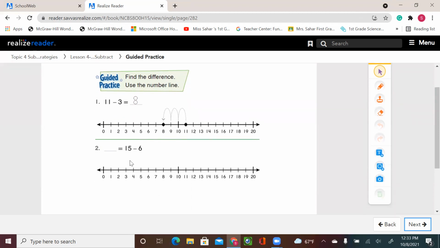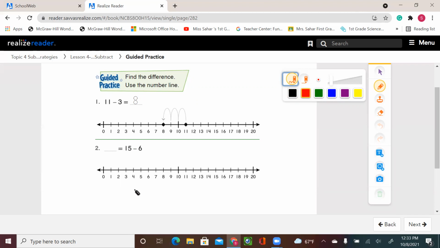Now we have 15 take away 6. So the answer would be the first one. I'm going to count on for this example, so we have one example of counting back and one of counting on. Let's see, 15 take away 6.